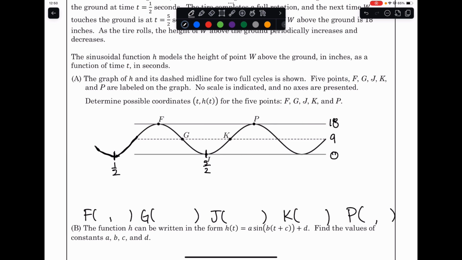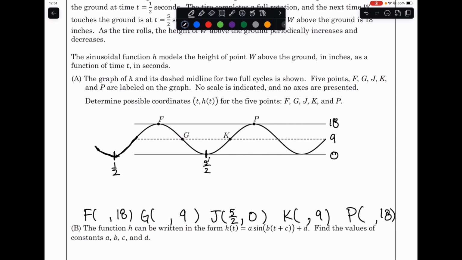At F, it's going to have a Y coordinate of 18. G is 9, J is going to be 0. K is going to be back at 9. And P, 18. So I have that down. I know at J, 5/2 seconds. At 5/2 seconds, W is going to be back on the ground.